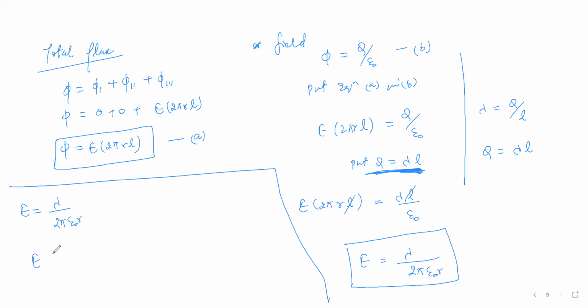From this equation, we can also write E is directly proportional to 1 over R, or you can also say E is inversely proportional to R. If you want to draw the graph between E and R, then this is your E and this is your R. Note it down, please.